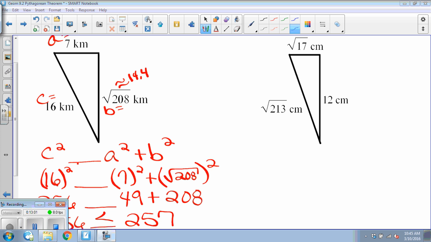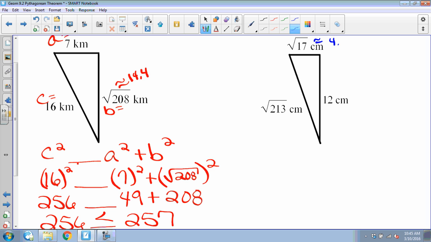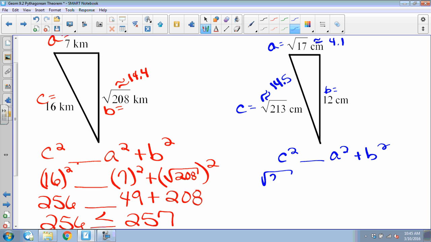Okay, so square root of 17 is approximately equal to 4.1. Square root of 213 is approximately equal to 14.5. So I know this is C, and these are A and B. So C squared is what to A squared plus B squared is the question. So square root of 213 squared is what to square root of 17 squared plus 12 squared?